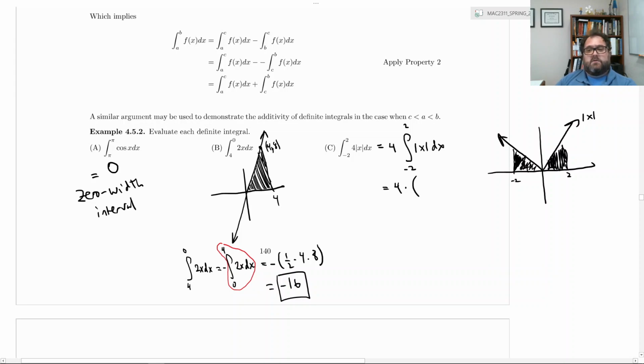We have 2 triangles. Okay, so we need to add up the area because this function obviously is non-negative. Absolute value is non-negative. We need to add up the regions.